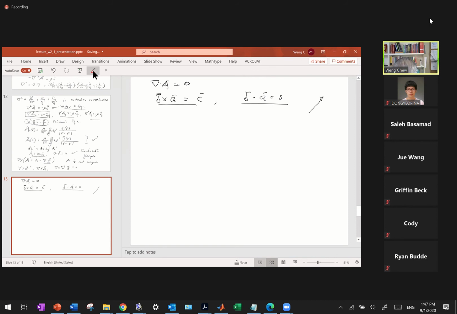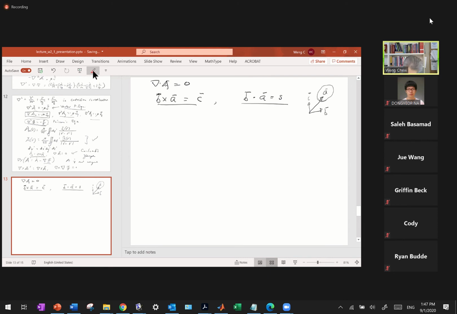Say if I have a vector A and B is any constant vector pointing in that direction, and I just stipulate that A cross B is equal to C, a vector pointing out of the blackboard or the paper, there are many vectors A that can cross with B and point in the same C direction.